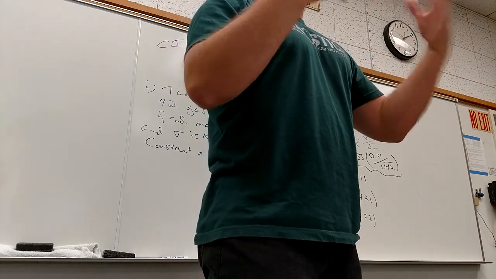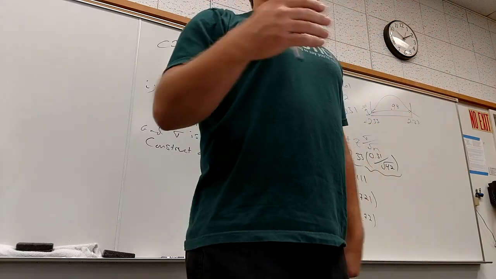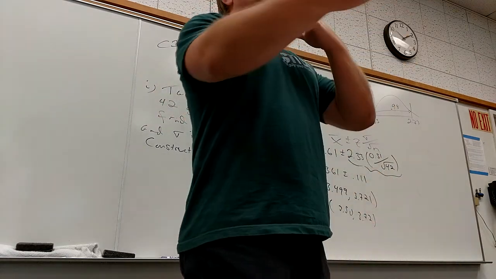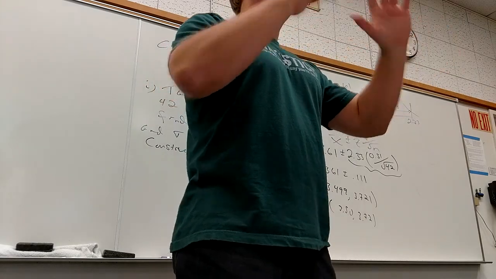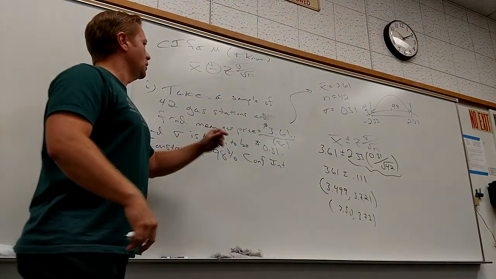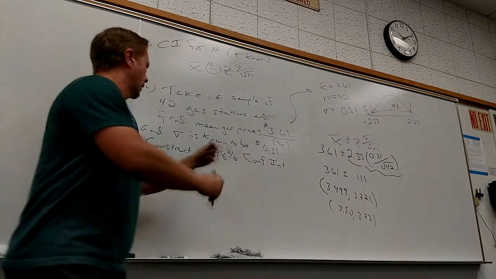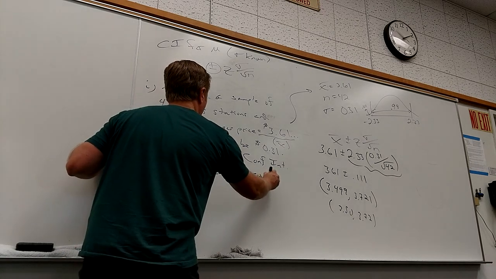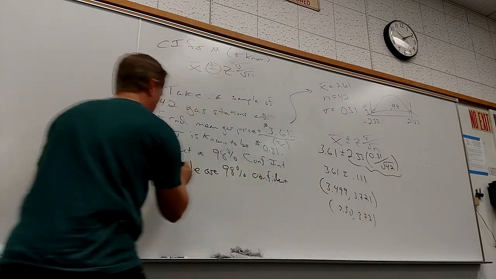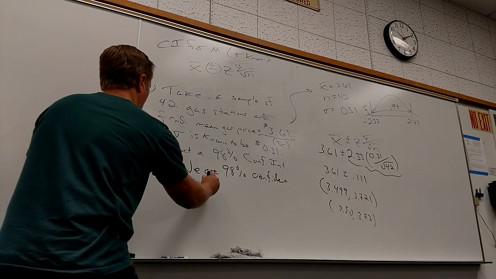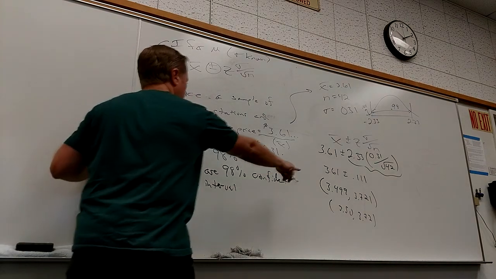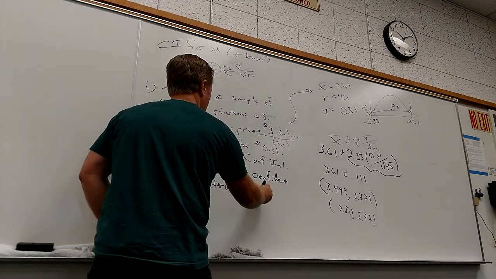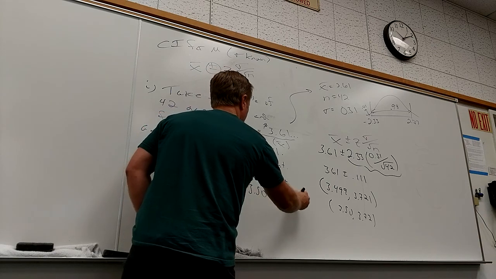You always have to write a conclusion explaining what you just got. Don't just say, I got 3.5. No. We are 98% confident that this interval, and this is real life, so you better put units on it. The interval $3.50 to $3.72.